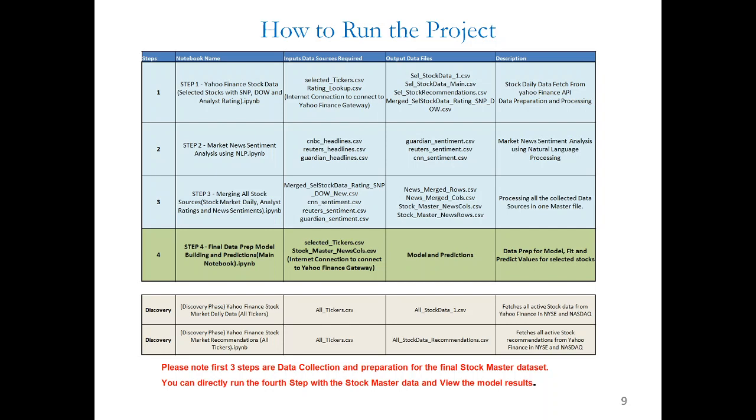So I had to move some of these dates automatically from the news and also the analyst ratings to make sure that they fit properly in the stock market data. And just to note, step 4 is the crucial step here.